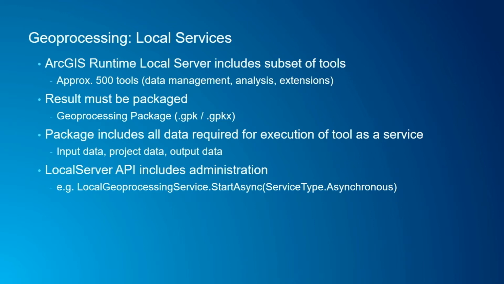That's either a GPK file from ArcMap or a GPKX from ArcGIS Pro. That package includes all the data required for the execution of the tool. So the input data, project data, and output data. So again, you need to think about what that data is, where it's located, and how that will be packaged in terms of the eventual data volume.